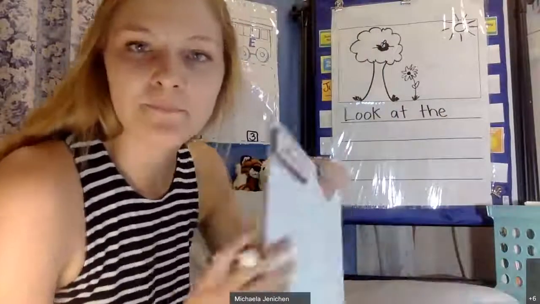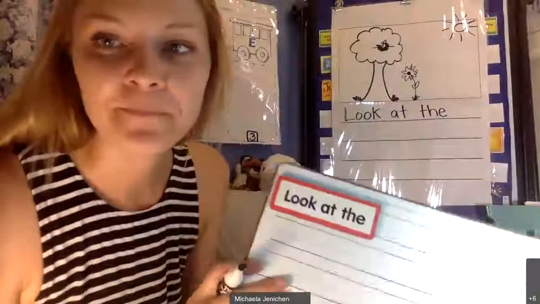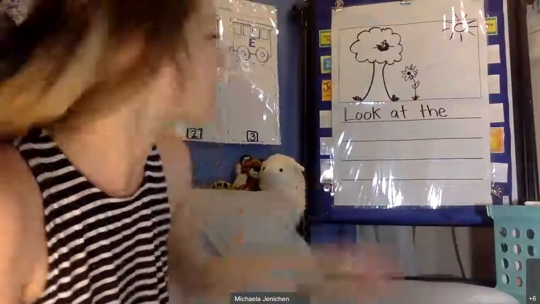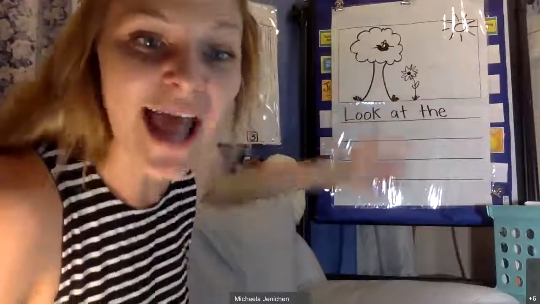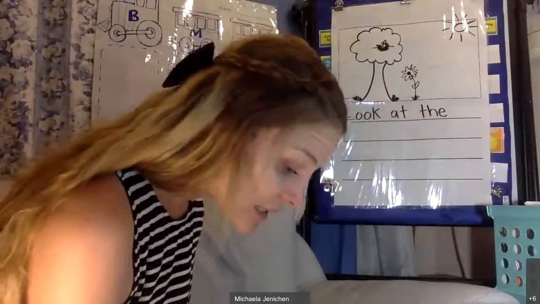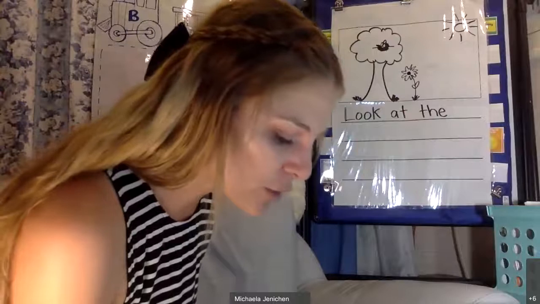Look at the what? What are we looking at? Tree, right? Look at the tree. That's the biggest part of our picture, right? So that makes sense to write. Look at the tree. Now, if you watched another video or you were in my phonics group, tree. How might you write tree? What do you think?